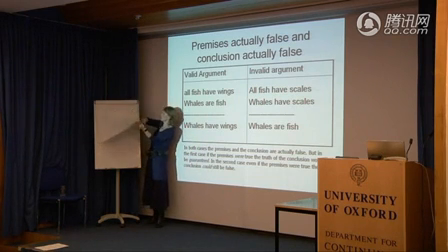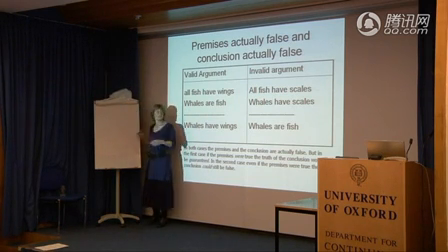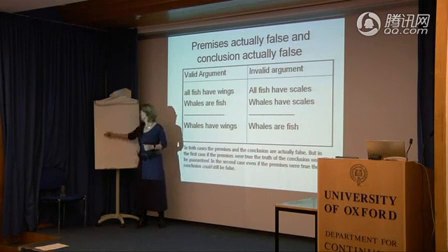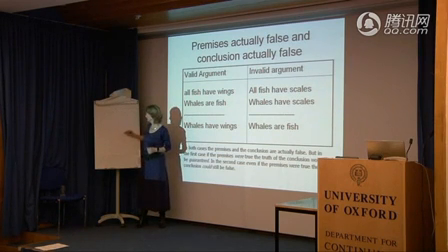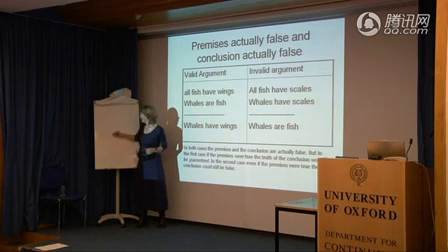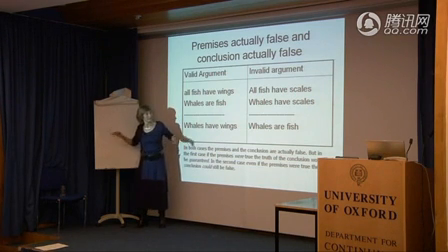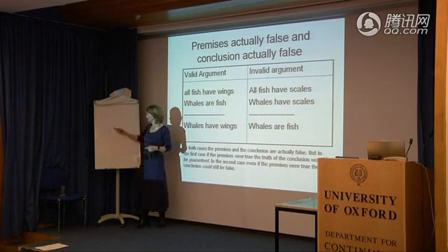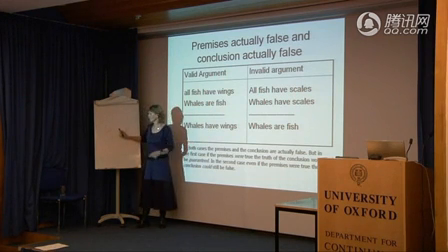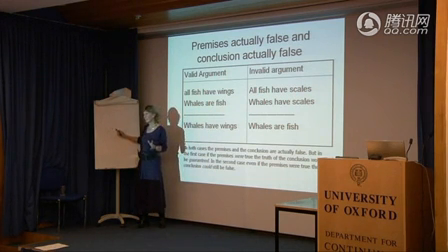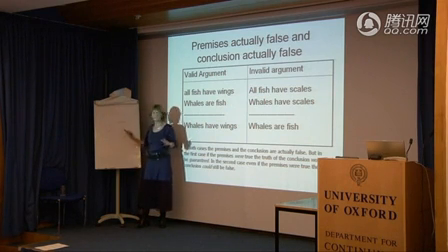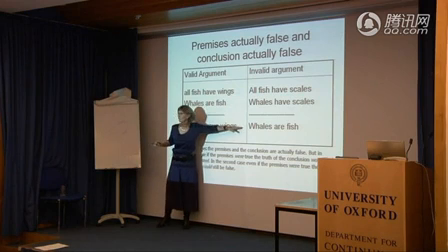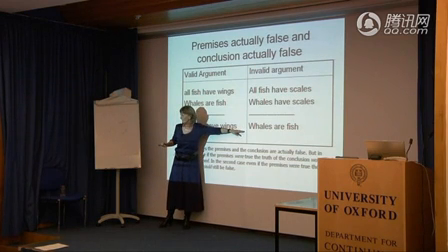What have we got over here? We've got all fish have scales. So there's the scaled things. And there's the fish. Whales have scales. Well, they could be either or, couldn't they? Whales are not fish. Well, okay, that tells us that whales are here. But is that guaranteed, other than the fact that we're saying that that's true?